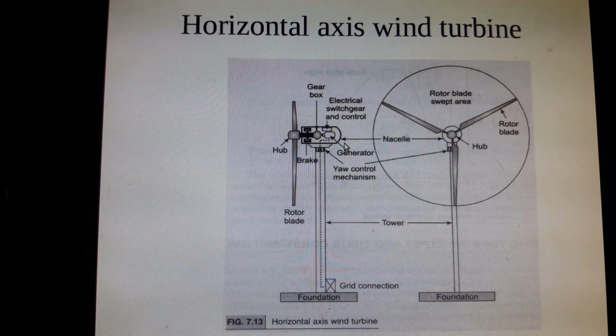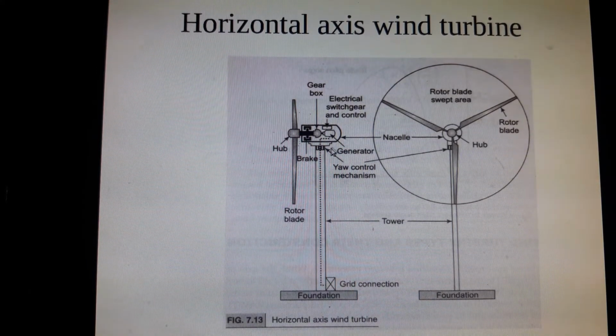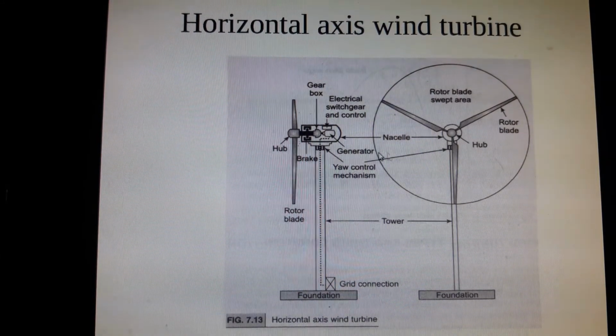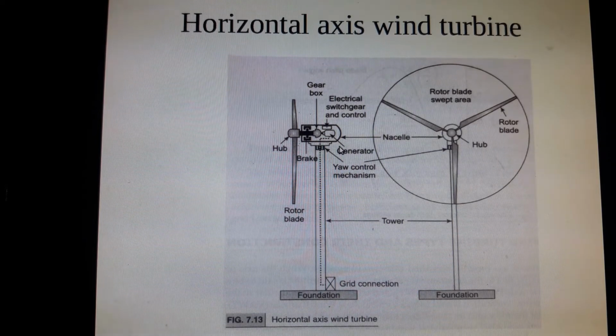The same casing has the generator also. So the casing is called the nacelle, and since this nacelle is in a horizontal position, this wind turbine is called a horizontal axis wind turbine.